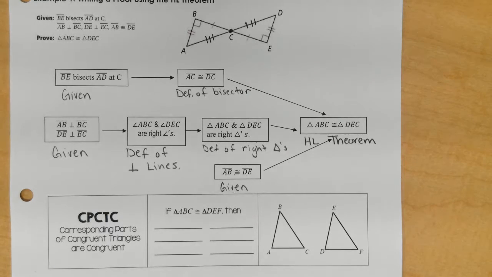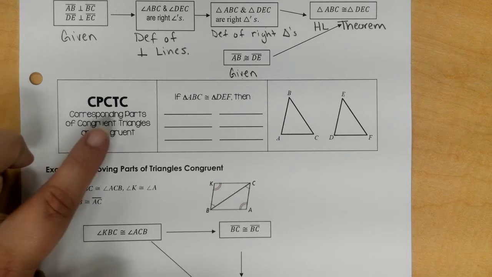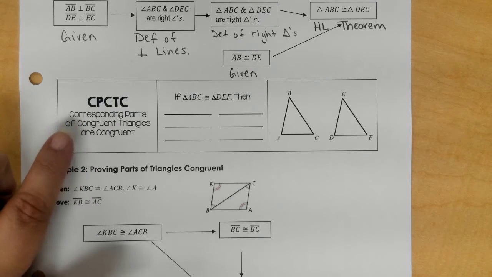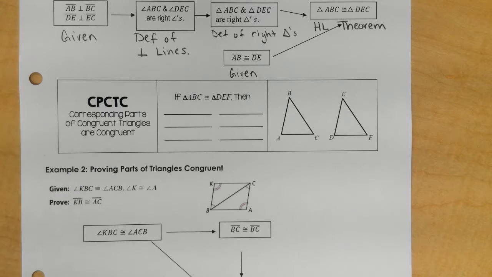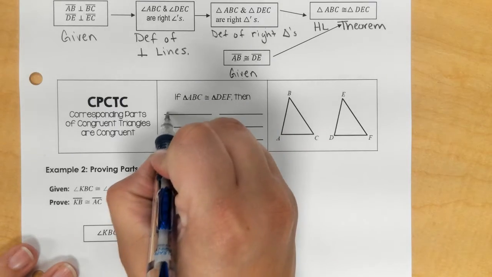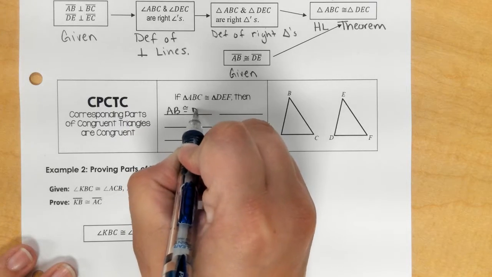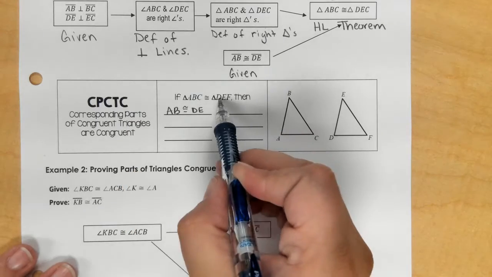Alrighty, now moving on to the CPCTC. This means that corresponding parts of congruent triangles are congruent. So let's fill in everything that we know. We know that our sides are congruent. Like AB is congruent to DE. And I just use the congruency statement right here.